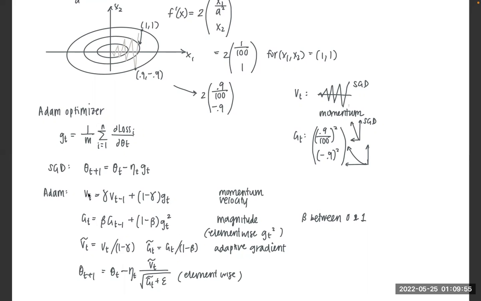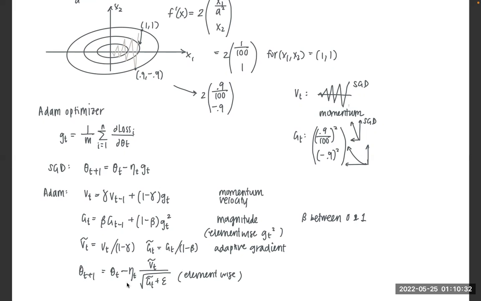So this v_t is a momentum. It accumulates the recent g_t. And this big G_t is actually accumulating g_t squared. When we square it, we don't care about the sign, we only care about the magnitude. So basically, we are accumulating the magnitude. And then we normalize, so we make some adjustment. We divide this v_t by 1 minus gamma, and we divide G_t by 1 minus beta. And then we make this update.